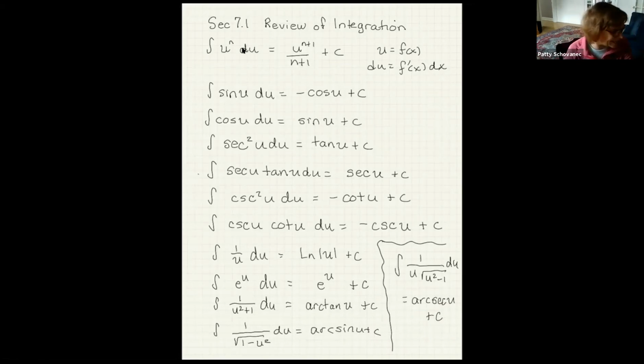We don't need an inverse cotangent or an inverse cosine or an inverse cosecant, because they look like these three right here, but with a minus sign on top. So in other words, minus 1 over u squared plus 1 is an arc cotangent.